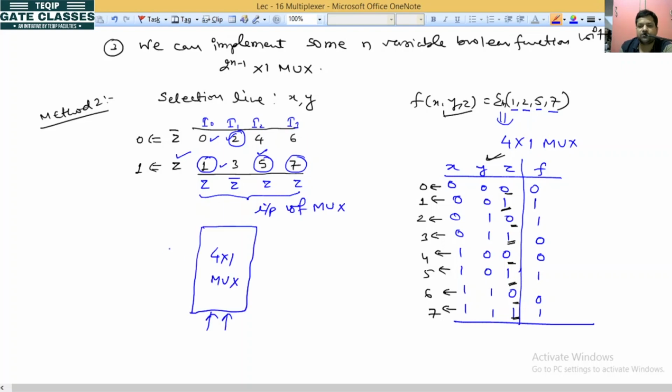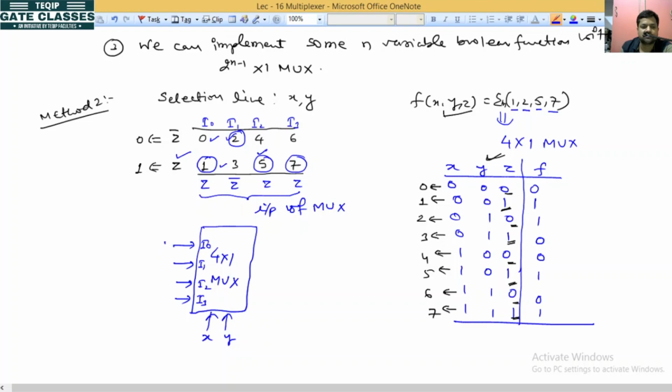Now we are going to implement f with the help of a 4x1 mux. So we have everything now. xy is the selection line, and we have I0, I1, I2, I3. These are the inputs, so these input values are given here.